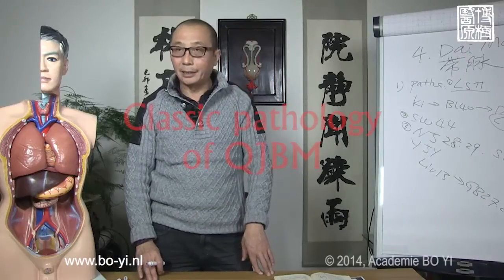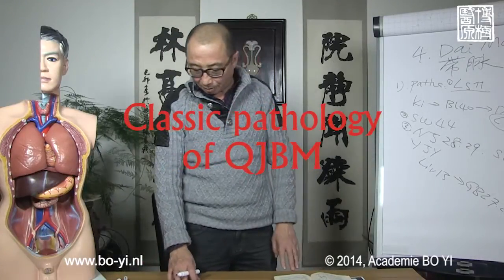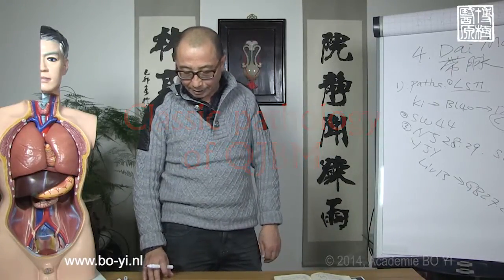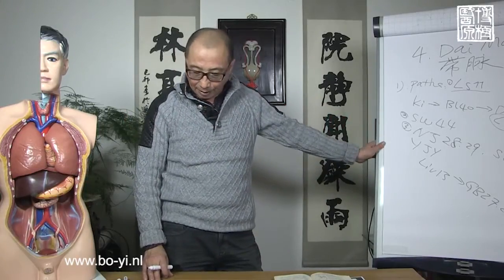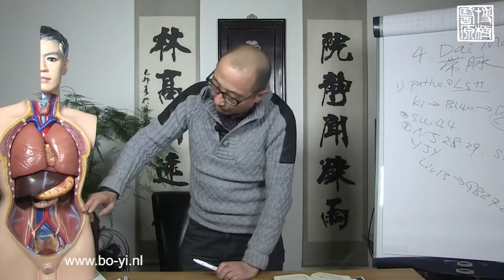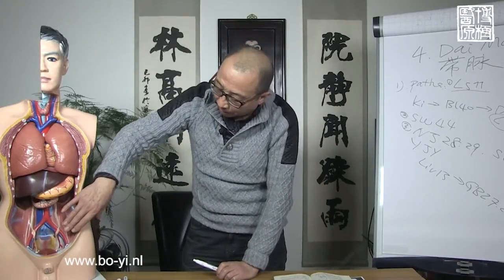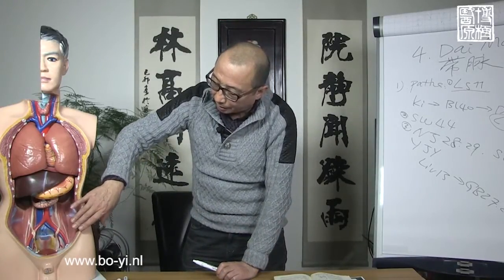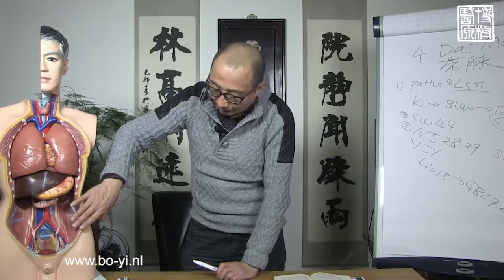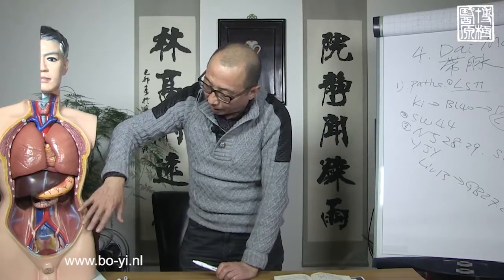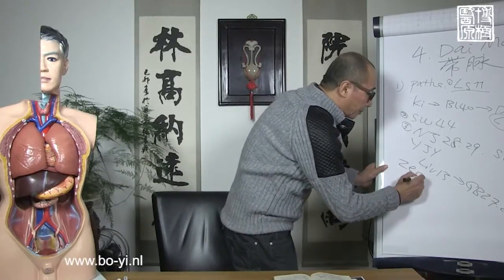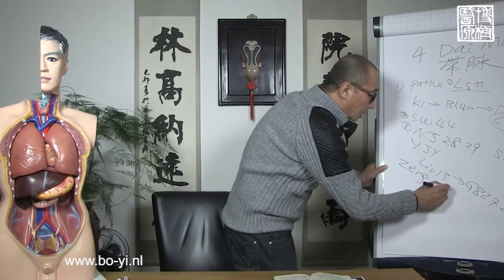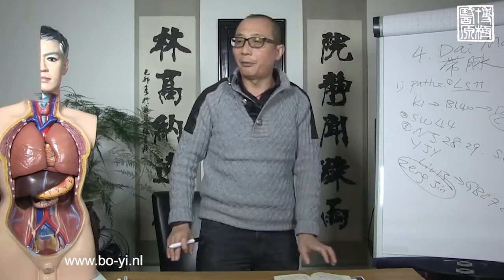In Su Wen chapter 44, it tells us like this. First, it says that Yang-ming meridian, from stomach 30, is full of qi and blood, and is in charge of Zeng-jing. Zeng-jing has two meanings.